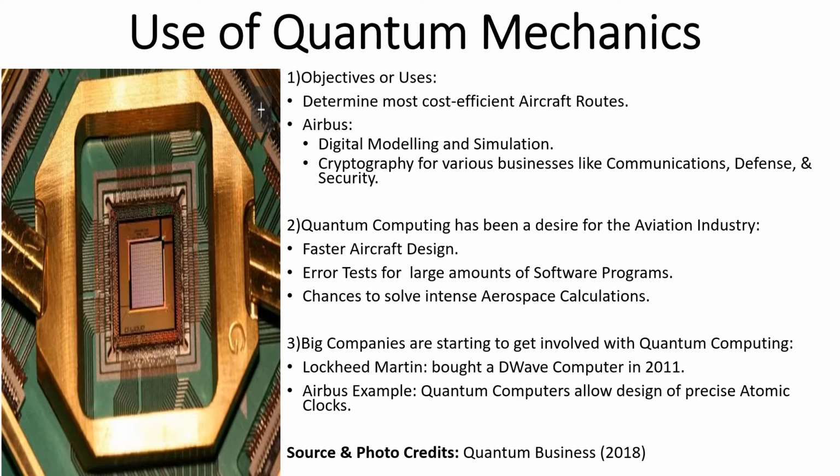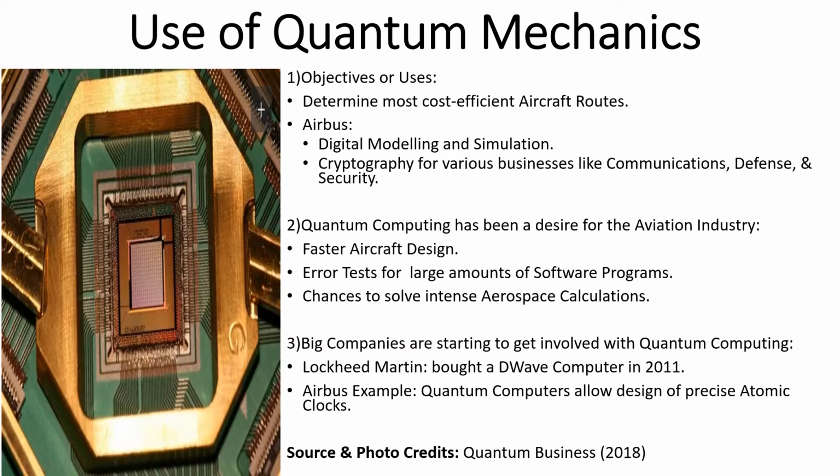A great use of quantum mechanics for the aviation industry would be quantum computing. Some objectives or great uses could be determining the most cost-efficient aircraft routes or digital modeling and simulation. Big companies that want to be involved include Airbus, NASA, and Lockheed Martin.